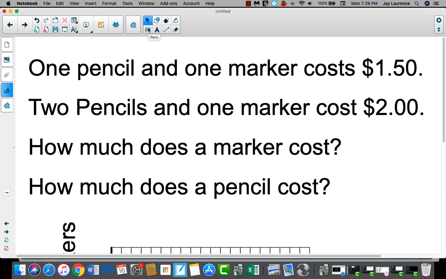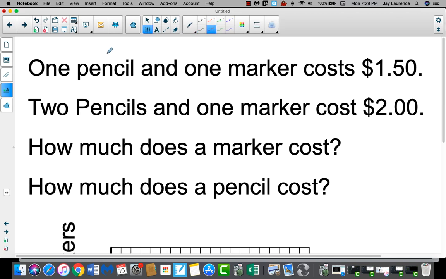It's very similar, except in these situations, I'm going to define my variables. I'm going to say let x equal the cost of a pencil. How do I know to do that? Well, it says how much does a pencil cost?